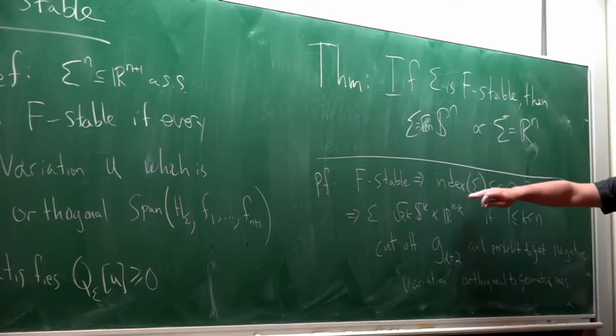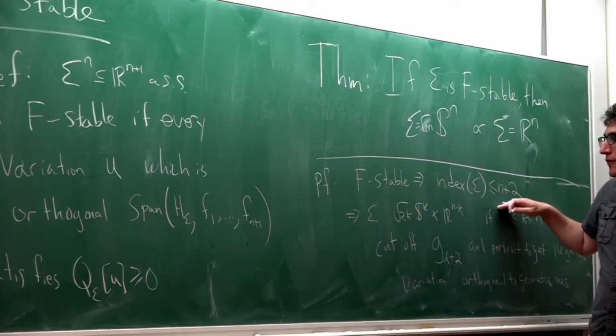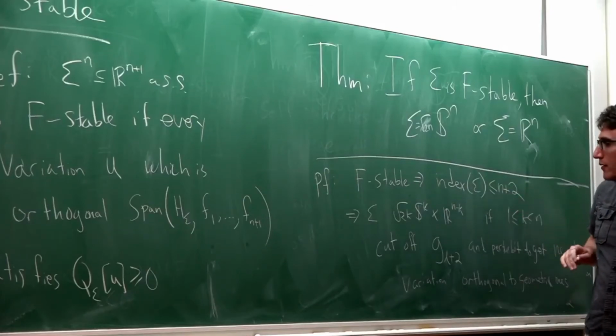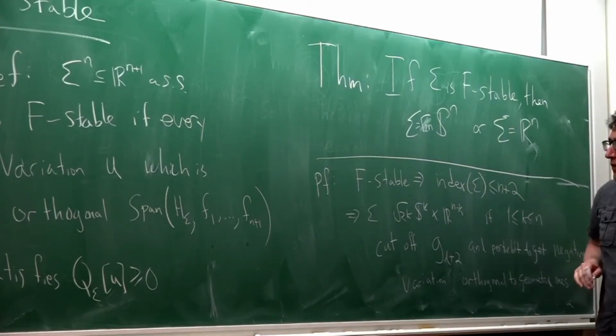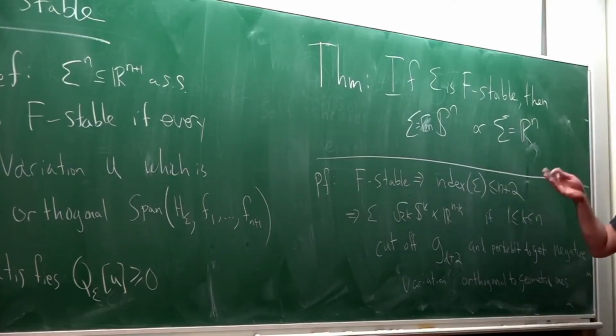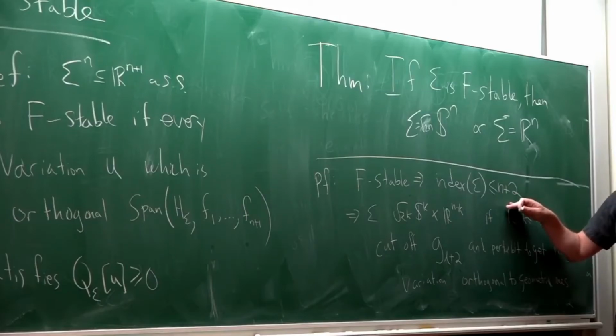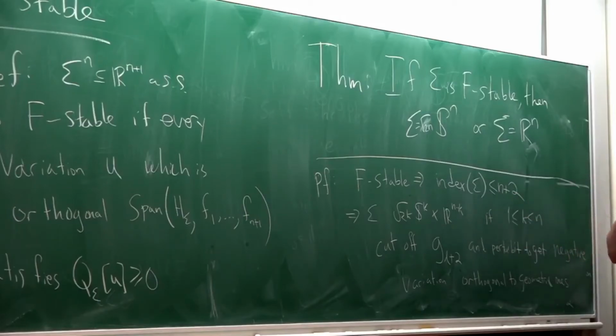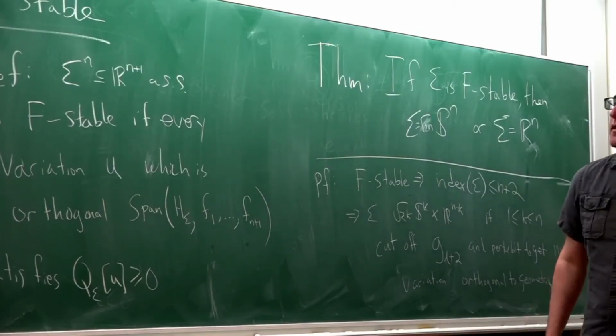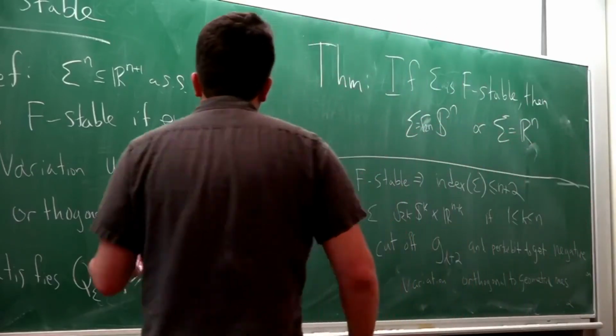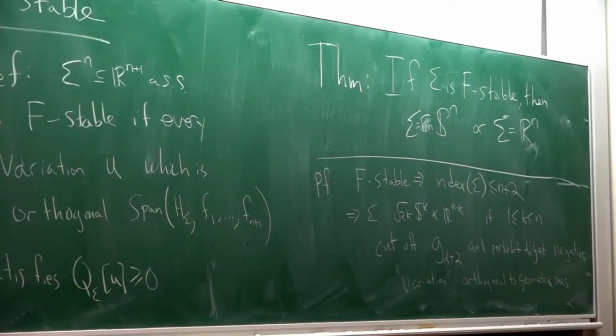Okay, so then the main part of the proof is proving this: F-stable implies index bound. But again, the idea, let's think about it, for instance, in the compact case. So suppose the index was strictly bigger than n plus 2. Then you'd basically have n plus 2 directions on which the quadratic form was negative.